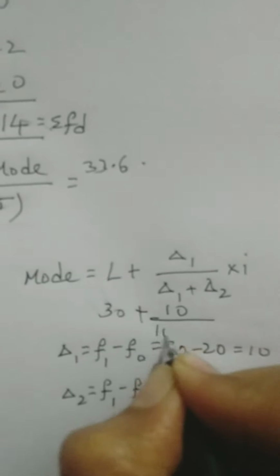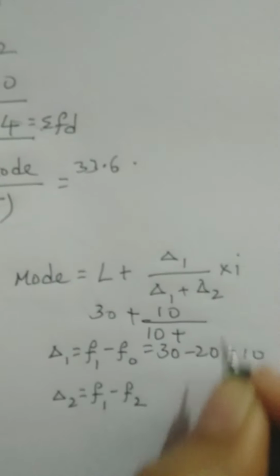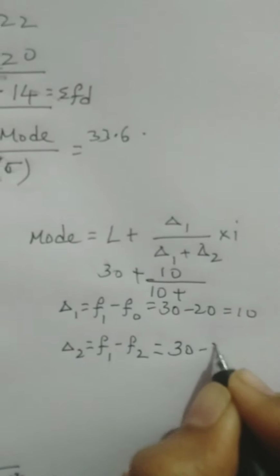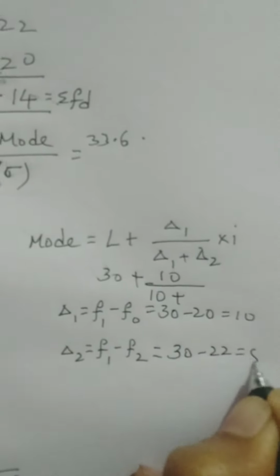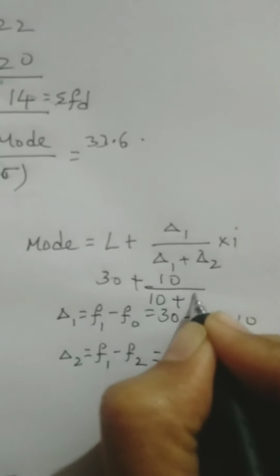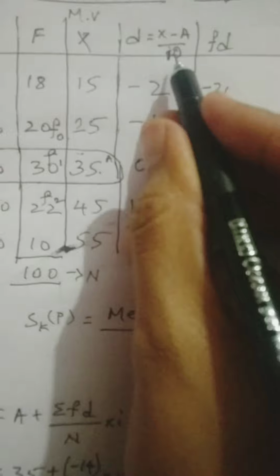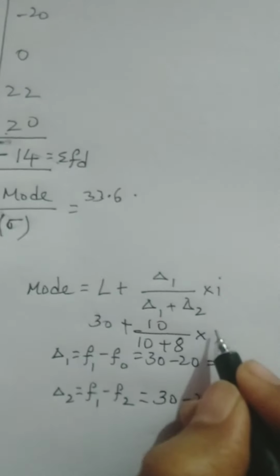By 10 plus, I will calculate delta 2 also. What is delta 2? 30 minus F2, which is 22. So 30 minus 22 is equal to 8. So here I will put 8 into I. What is I? I told you, the common difference, right? The common difference I got here is 10.